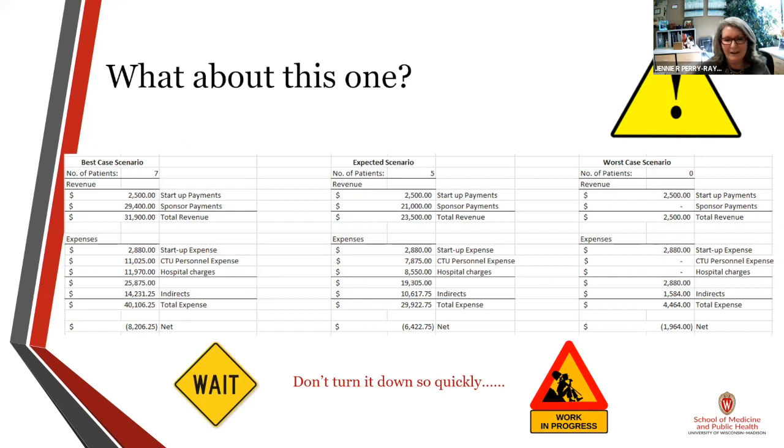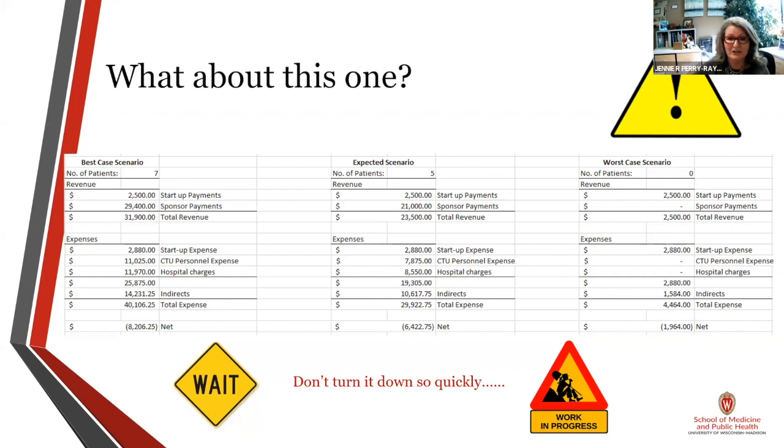So hazard, this is what you've ended up with on a particular trial. If you take a look at it, obviously your startup payments aren't covering what you need. The sponsor's not paying enough for the procedures that you need. Your bottom line is if you don't recruit any patients, you're going to lose money.